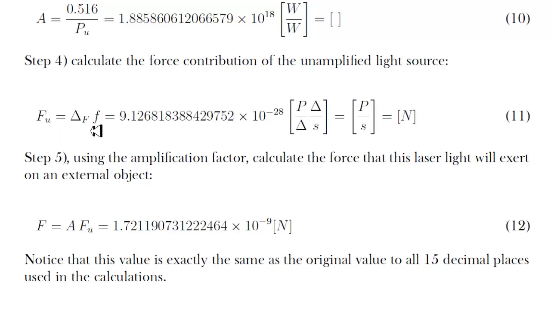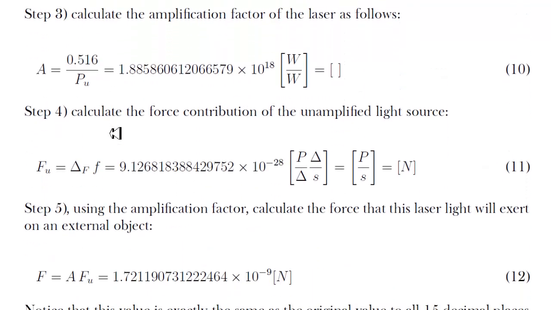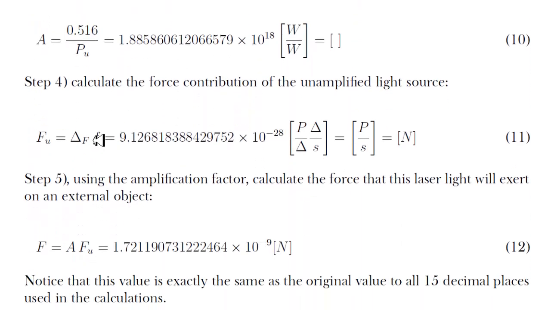The force constant is the force contribution of one photon. Then we have the frequency term like before. We're using the same frequency, only now instead of calculating the power, we're calculating the force contribution of 1 second's worth. This is the force contribution of one photon, one cycle, one wavelength of light being emitted from the electron jumping up and down.